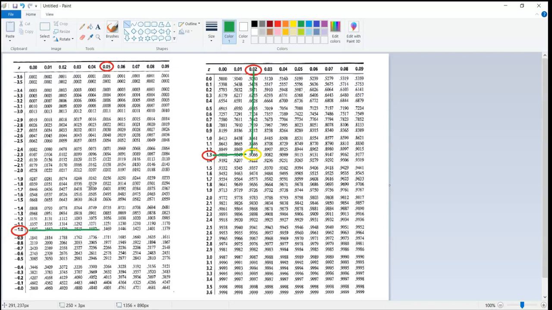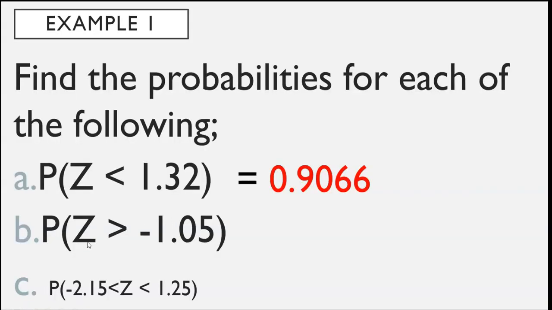So the area where these two z-scores cross is the area of our z-score negative 1.05, and it is located at 0.1469. Hence, our area is 0.1469. Looking back at our notation, remember that we're going to find the probability at the right of our z-score negative 1.05.